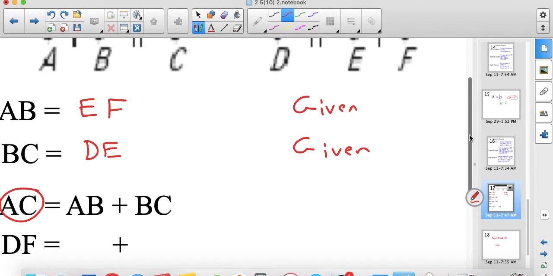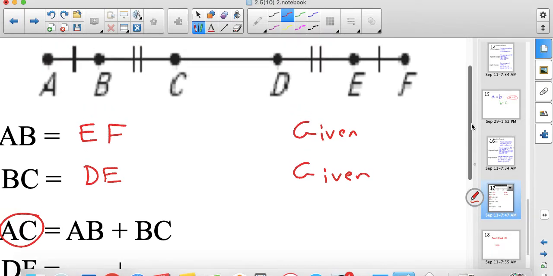So we go to our picture and try to figure out why we're allowed to say that AC is equal to segment AB plus the piece next to it, BC. Earlier this year, we talked about that exact idea: when you take two segments and add them together, they equal the whole thing. It had a property to it, known as the segment addition postulate.